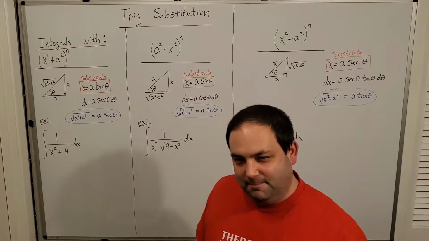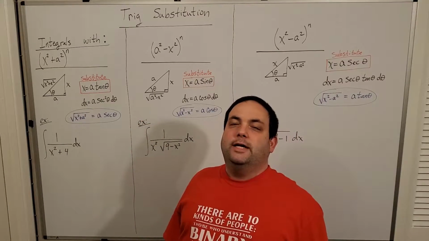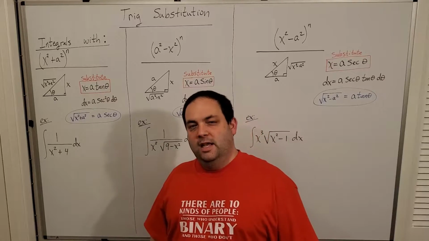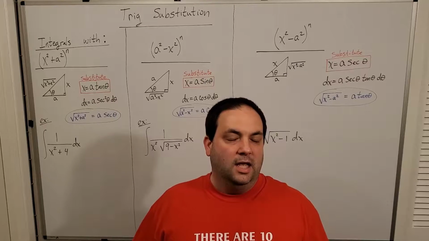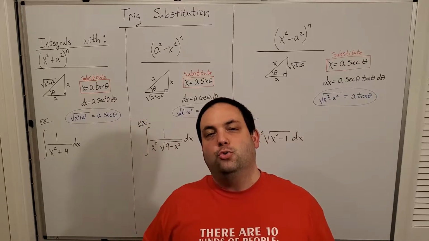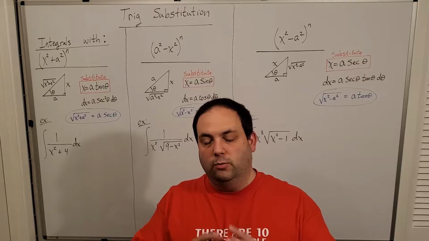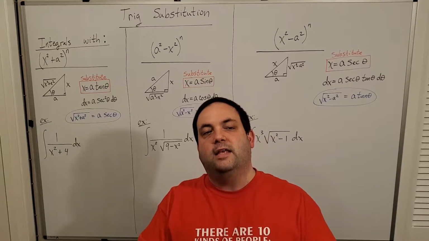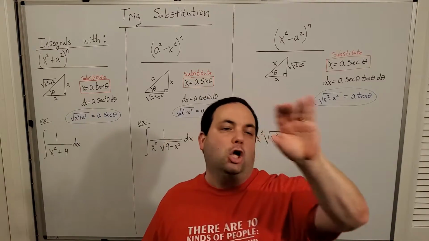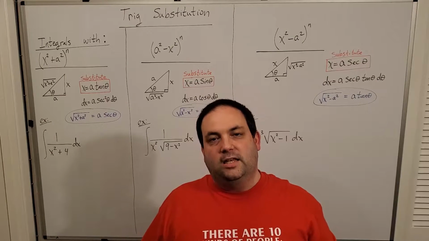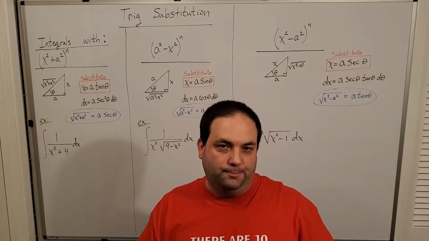You ready? Next advanced integration technique, one of my favorites, trigonometric substitution. This is a more inverted substitution method than the traditional u-sub that you would have learned in Calculus 1. In Calculus 1 with the u-sub, you would have seen that typically we pick some variable to represent a chunk of something in an integral in an attempt to reduce the complexity of the structure.